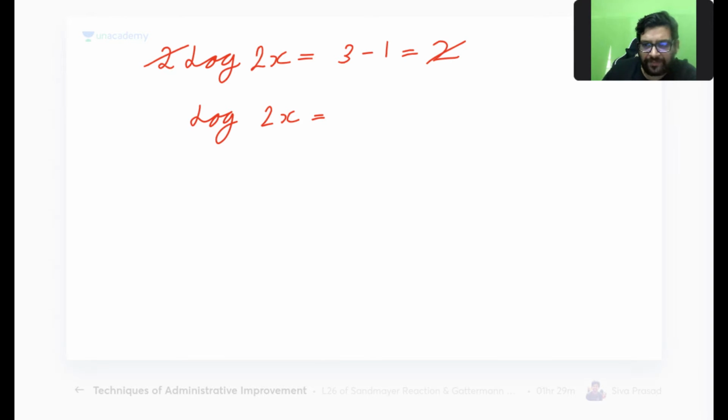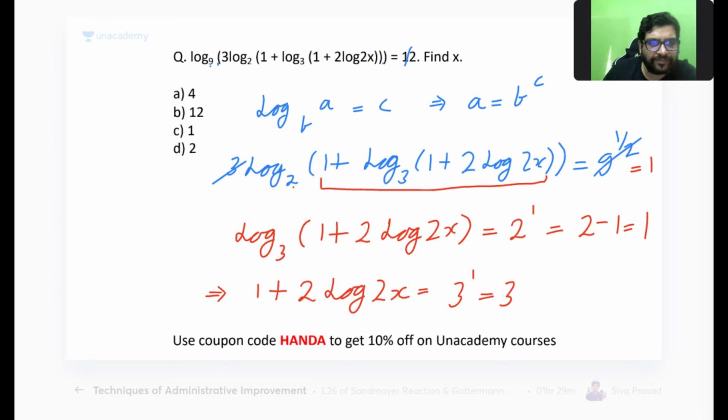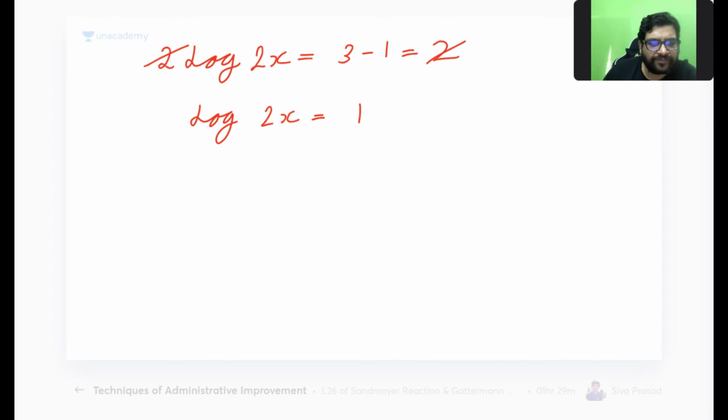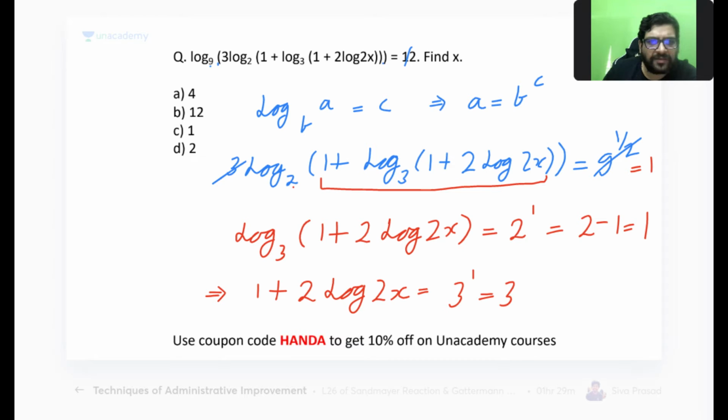So log 2x is 1. I think this 2 should have been in the base. Let me modify this. See, this is what happens when you copy paste questions.